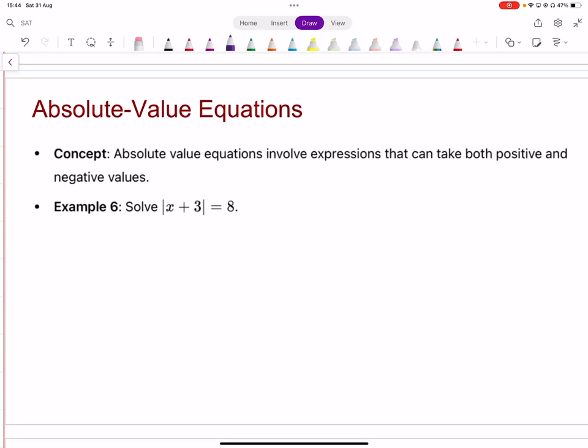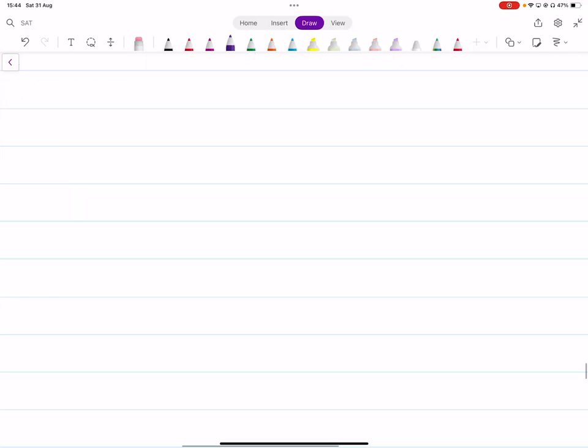Now, this is another type of function that you need to know about. How many of you are familiar with this function? Absolute value function. So we have a function that's called absolute value function. It's also known as modulus function. And it works like this. What it does is anything that you input inside it, it makes it positive.